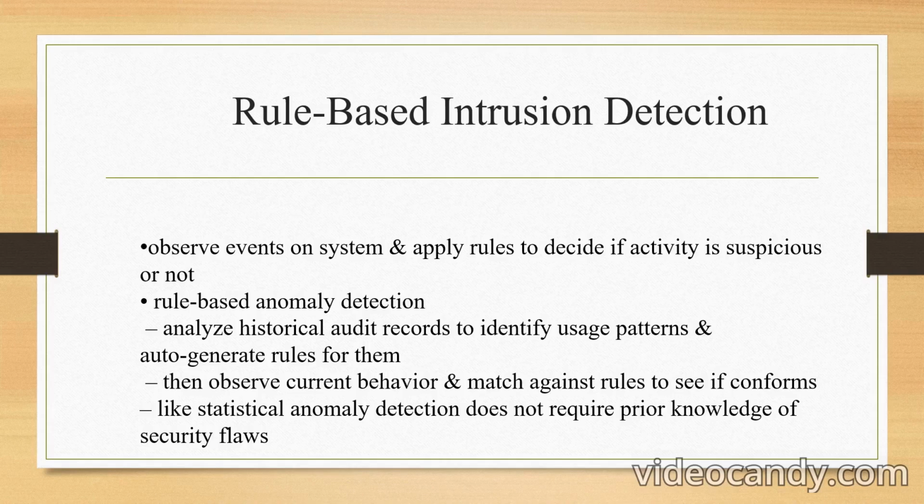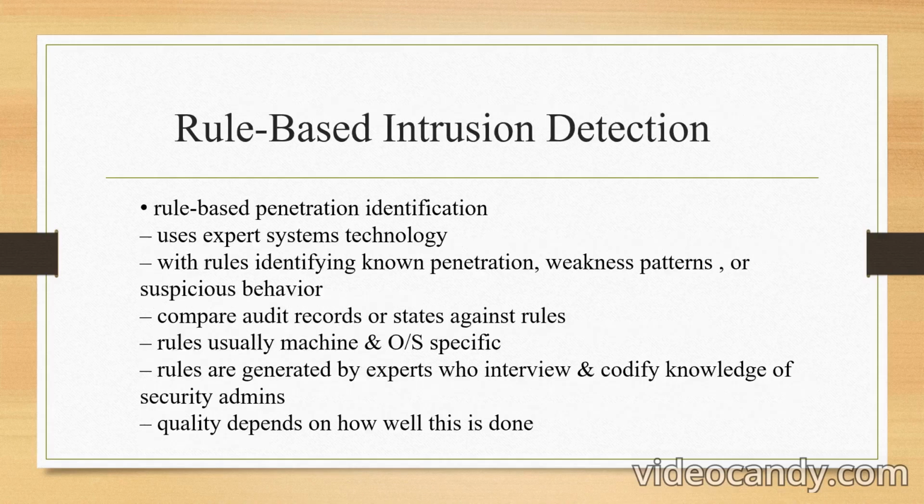Rule-based penetration identification. This takes a very different approach to intrusion detection. The key feature of such a system is the use of rules for identifying known penetrations or penetrations that would exploit known weakness.